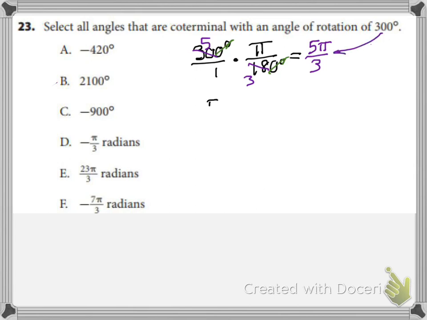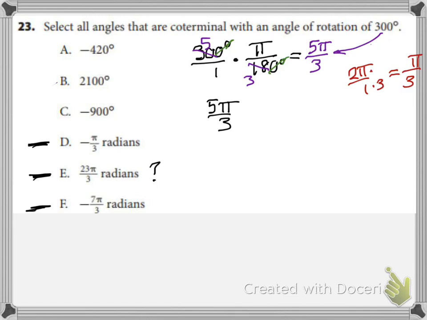So 5 pi over 3. I'm going to look at all of these that have radians on them. If there's anything there that's bigger than 5 pi over 3, like E, then I'm going to start adding. I need to add 2 pi to that. 2 pi over 1, and I need to make it into something over 3.